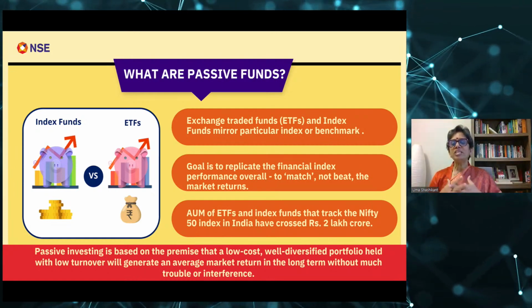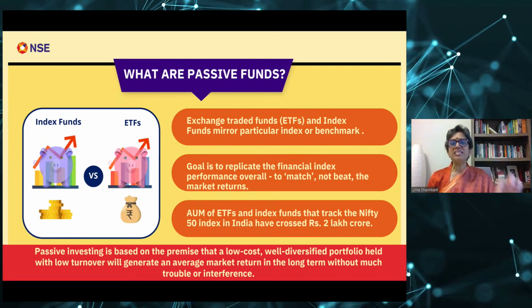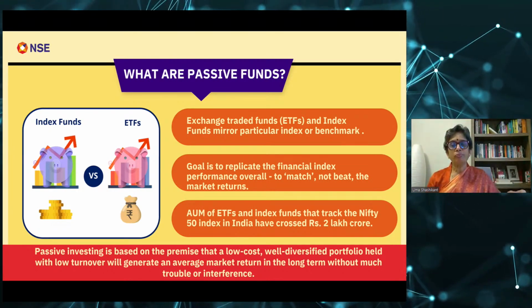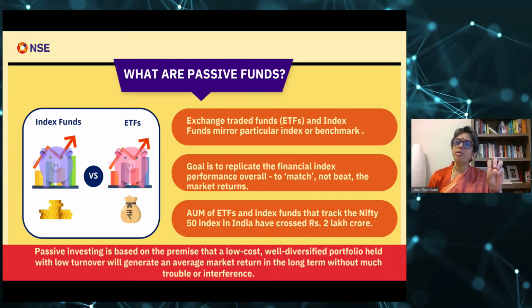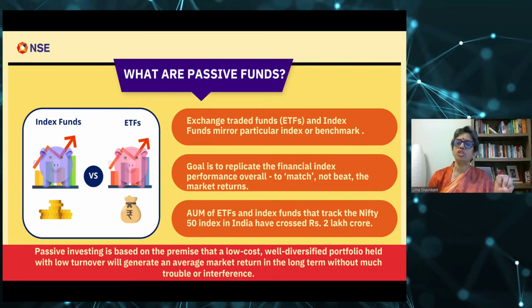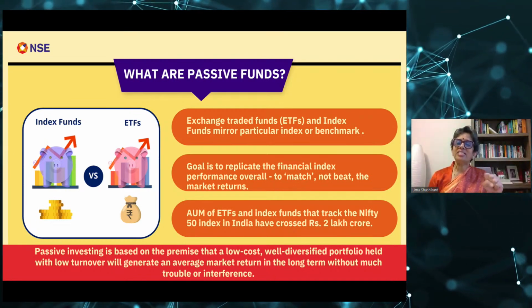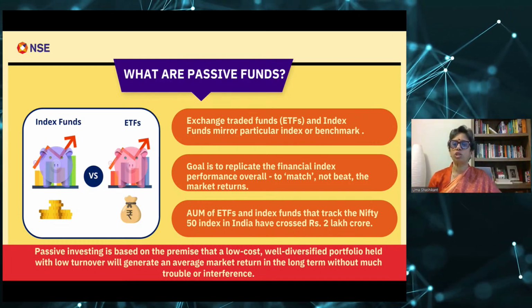So what happens is when you buy the index, you are buying a pre-selected portfolio, which has been put together independently. You're not making any of these decisions. So when you buy this ETF, you are buying these 50 shares in a pre-fixed proportion already.